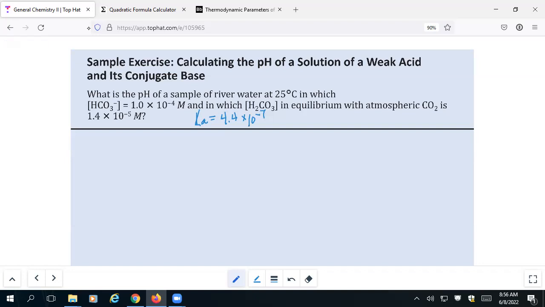So instead of setting up an ICE table here like we would have for the previous two chapters, we're going to use the Henderson-Hasselbalch equation because it is specifically designed for these so that we don't have to make ICE tables in the first place. pH is equal to pKa plus the log of the concentration of base over the concentration of the acid.